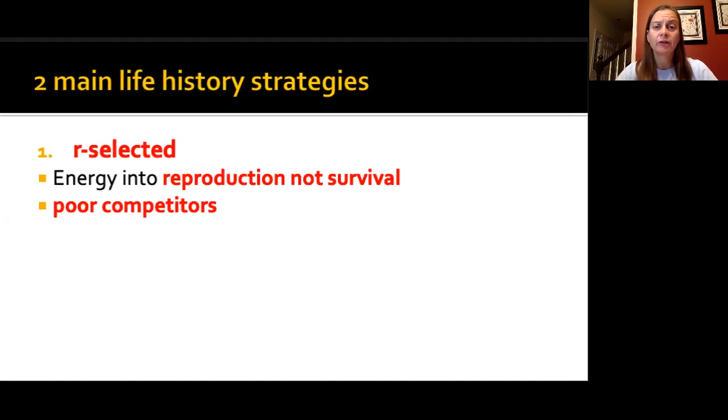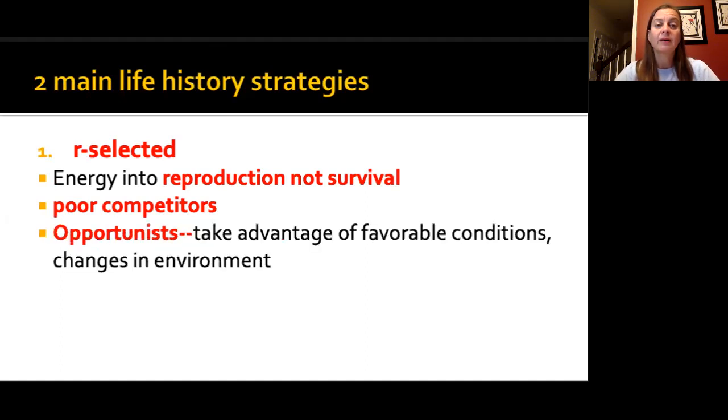Their evolutionary strategy, remember, evolution is for the population to survive, not for an individual to survive. By having lots of young and putting lots of energy into reproduction, they are not putting a lot of energy into survival, which means that they tend to be poor competitors. But they are opportunists. That means they take advantage of favorable conditions and changes in the environment.